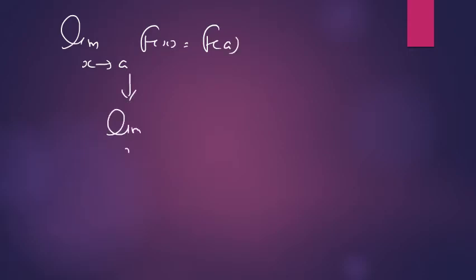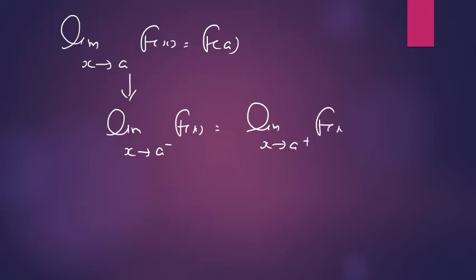The limit of f(x) as x tends to a should be f(a). The limit as x tends to a of f(x) must exist. What is needed for that? The limit as x tends to a minus of f(x) is equal to the limit as x tends to a plus of f(x).